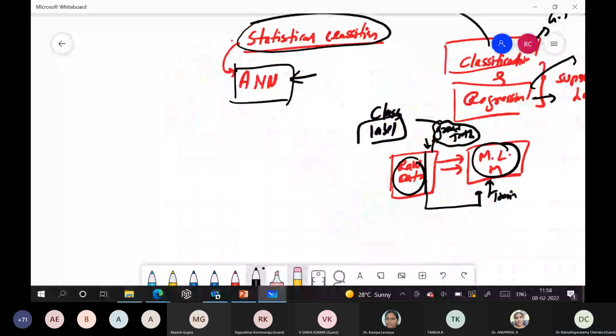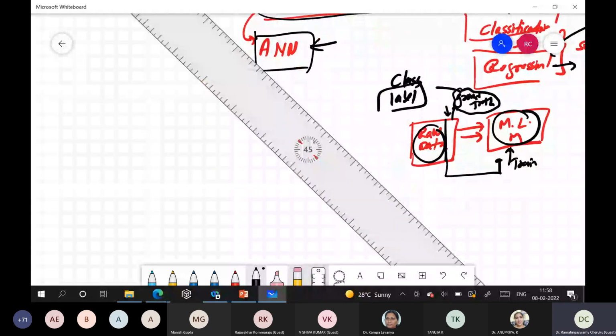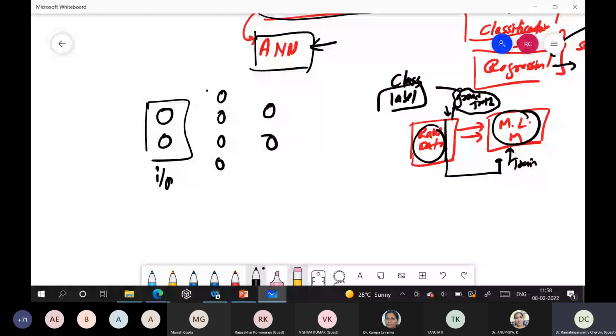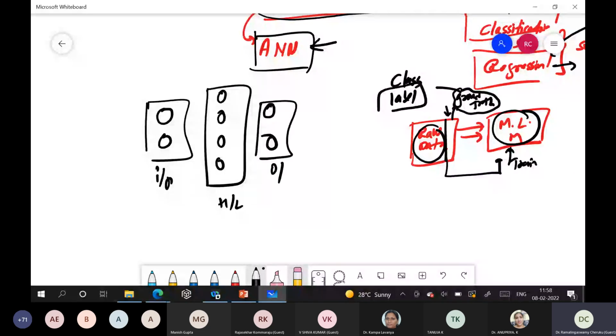When I want to make use of ANN as a classifier, you know what an ANN is, I think. Let me go back. A typical, very basic ANN will have three layers. This is called the input layer, this is called the hidden layer, and this is called the output layer.